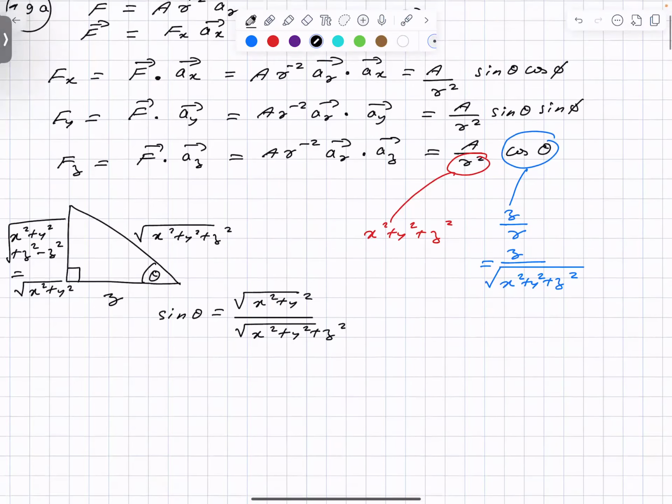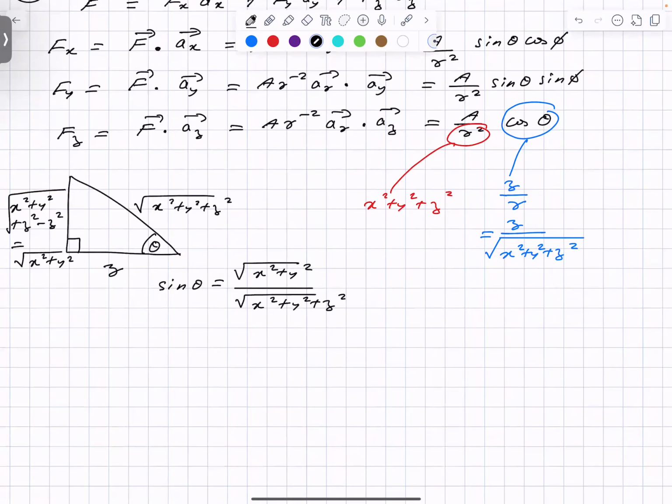What we know is tangent phi equals y over x. This is in our formula sheet. And so in this right angle triangle again, we can call this side the perpendicular, and this the base.